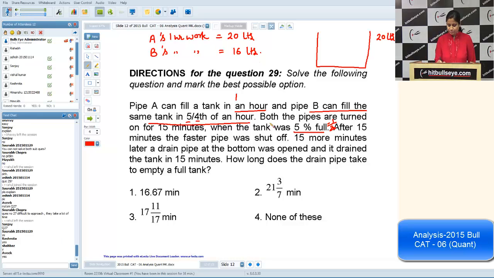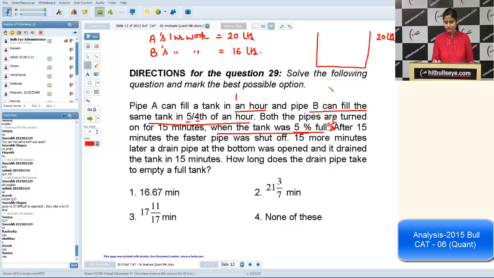Now let us start. Both the pipes are turned on for 15 minutes when the tank was 5% full. What is 5% of 20? It will be 1 liter only. Already it was 1 liter full. For 15 minutes, both the pipes are working.